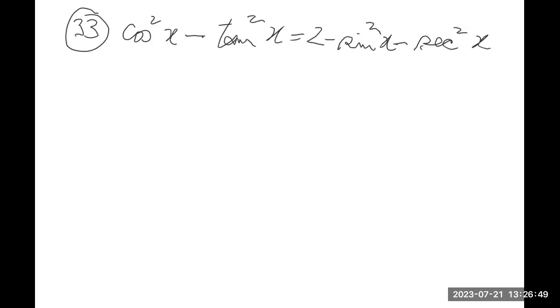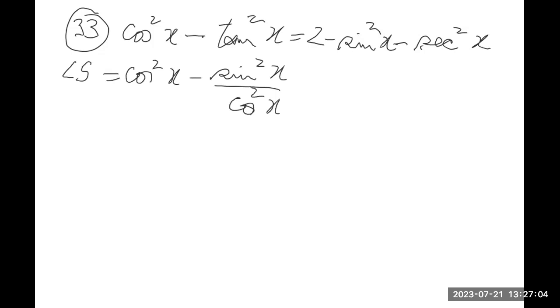So let's start on the left side and change the tan squared into sine over cosine. And convert the cosine square into 1 minus sine square x.